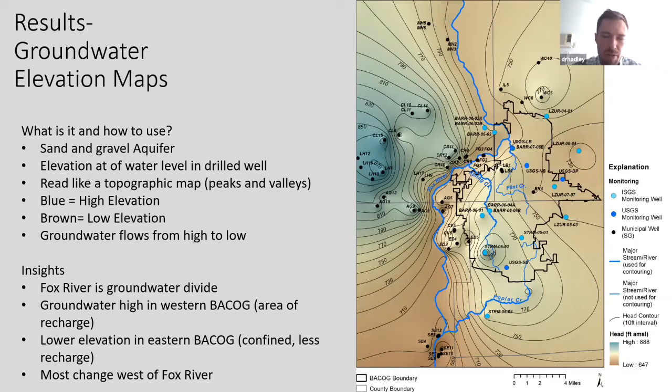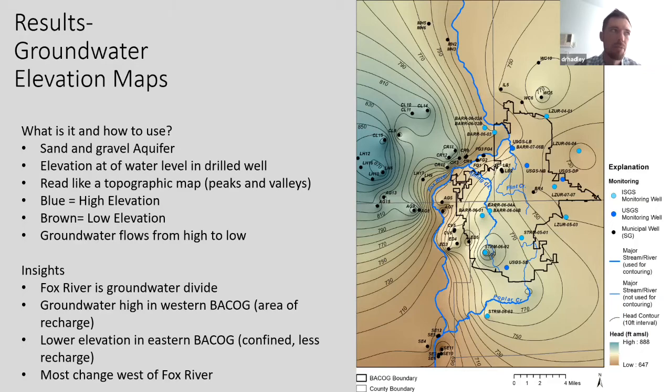I definitely have to review the Kane County report to definitively say, but I think it would take a really substantial decline in McHenry County and in Kane County to really affect what's happening in BACOG. Not to say that really substantial withdrawals couldn't affect what's happening in BACOG, but I think it would take a lot to get there.